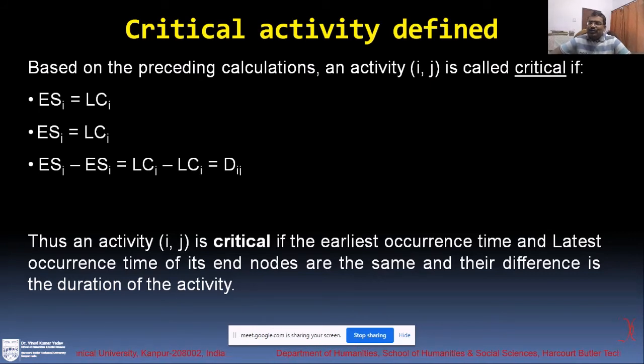So ESJ minus ESI, or LCJ minus LCI, gives you the duration of the activity.